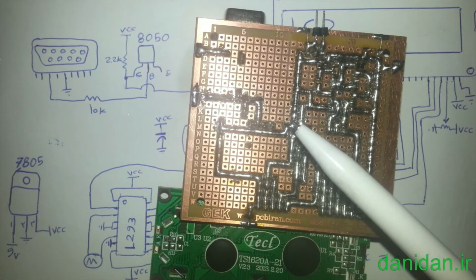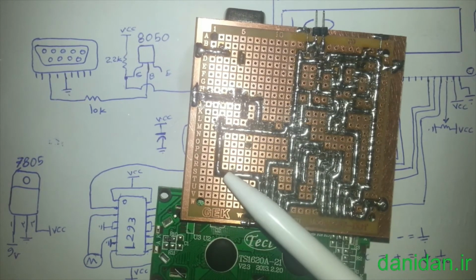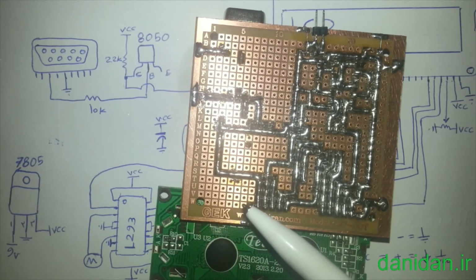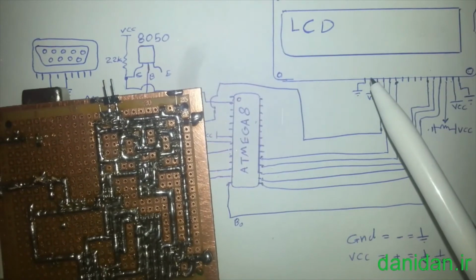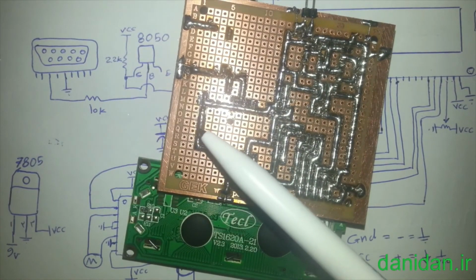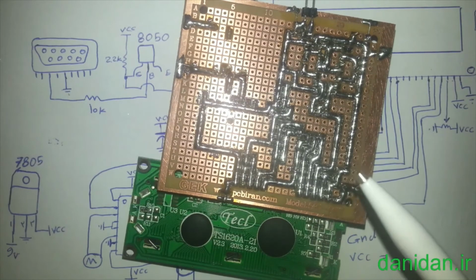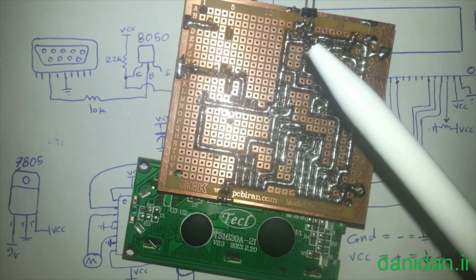And also for the VCC part, as I said, all VCC should be connected together. I try to connect all VCC to the same route. As you can see, this part is all VCC route that is connected together.